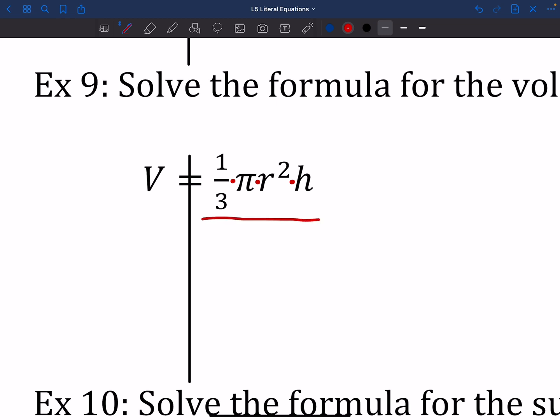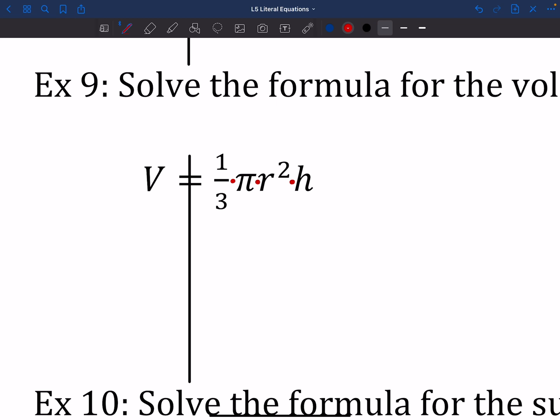But one thing you could do is you could literally just divide by 1/3 pi r squared on both sides. That will technically work. However, the better way, the way that's going to set you up for more success in the future, is to think about, this has got a fraction in it. The very first thing we wanted to do with fractions was get rid of them.